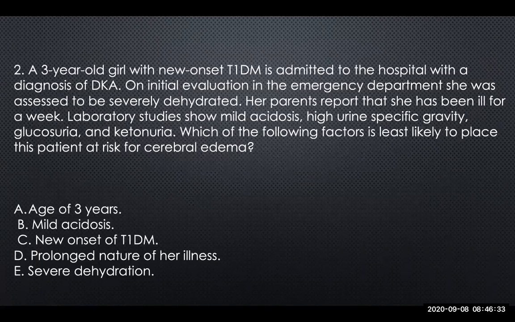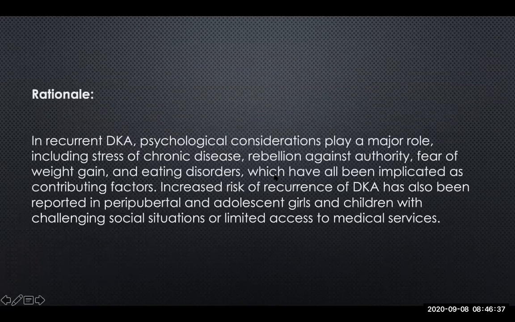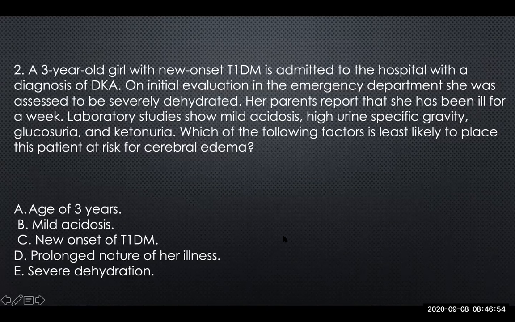Increased risk of recurrent DKA has also been reported in peripubertal and adolescent girls and children with challenging social situations or limited access to medical services. Good. So this is the second question.